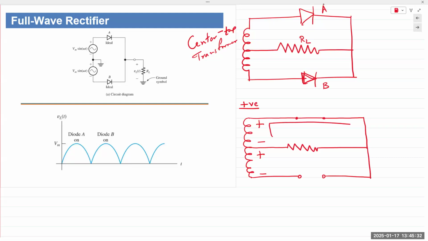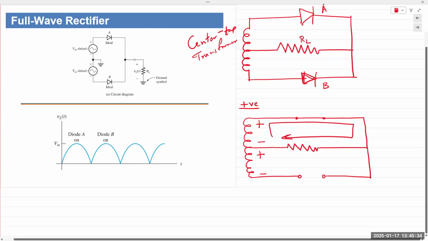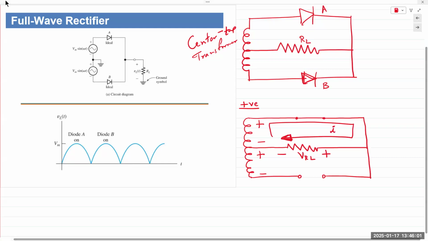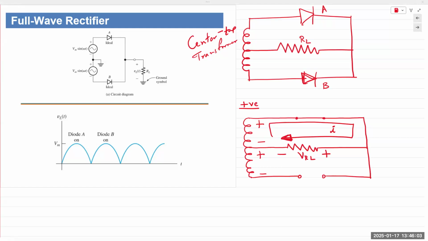So current flows through that resistor in this direction from right to left, which causes a voltage drop across that load resistor with a polarity of plus on the left, minus on the right. This with regards to the circuit diagram. Make sense?